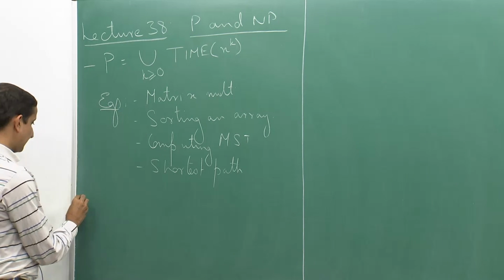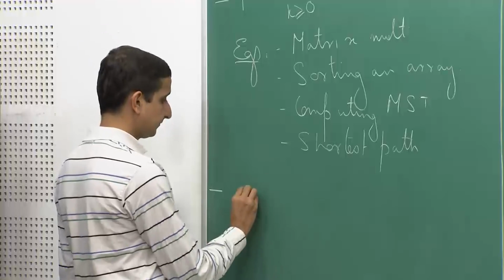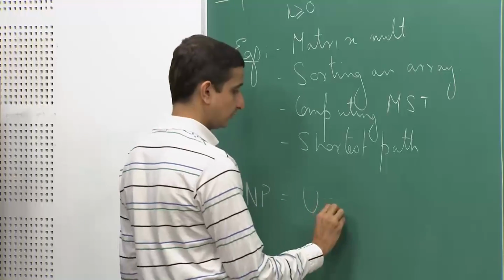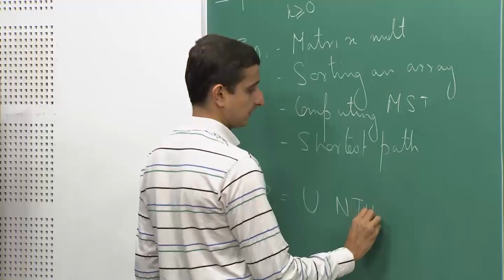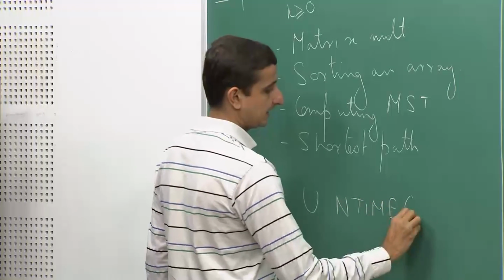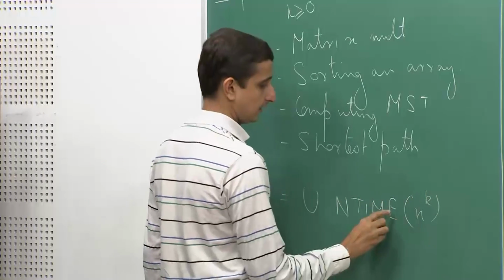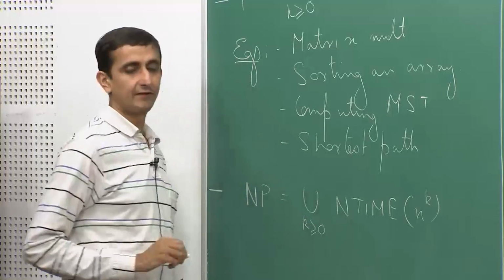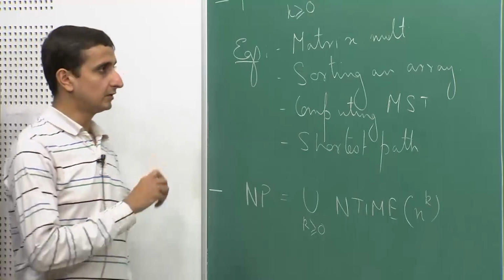this is how it is defined, and we saw the definition of NP as union over n time n raised to the power k for k greater than or equal to 0. Okay.